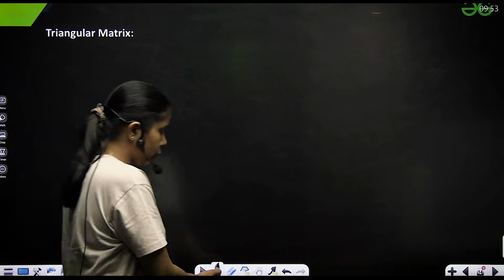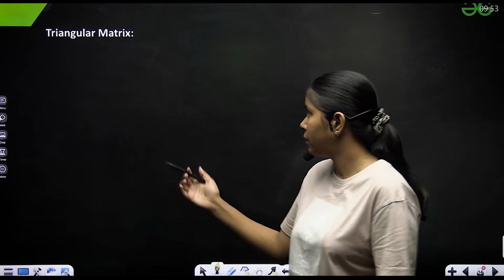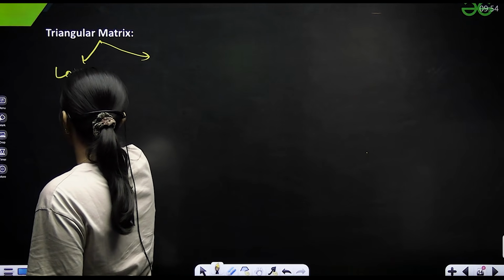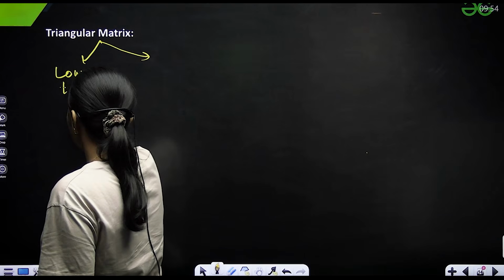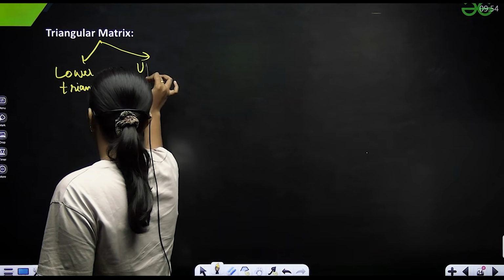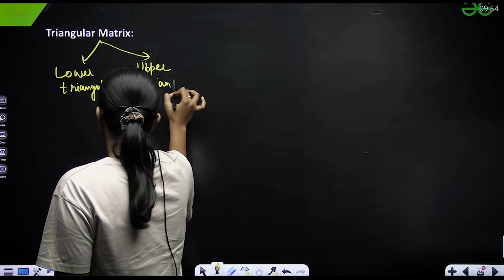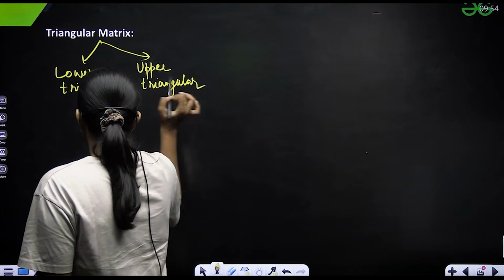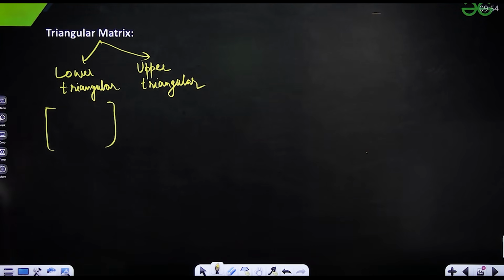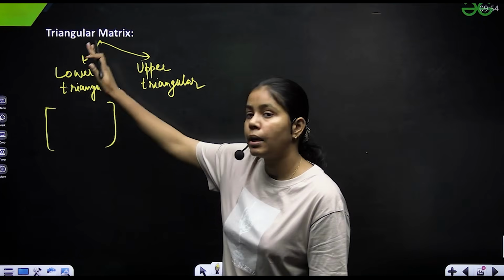Now, the next thing we have here is the triangular matrix. So the question arises, what is a triangular matrix? Basically, we have two matrices here. One is lower triangular, another one is upper triangular. If I talk about lower triangular, all the elements above the diagonal are 0.